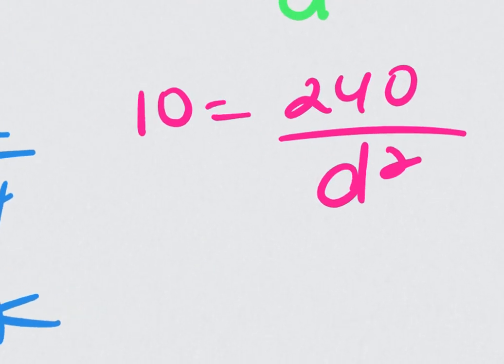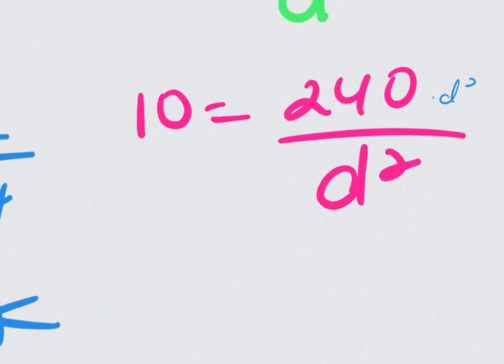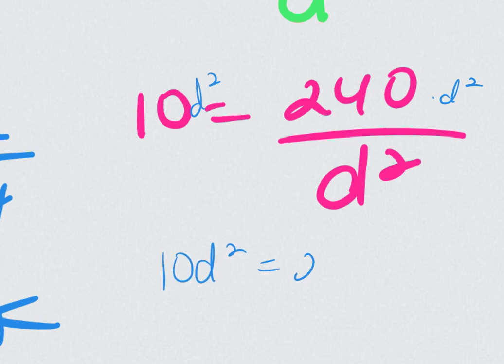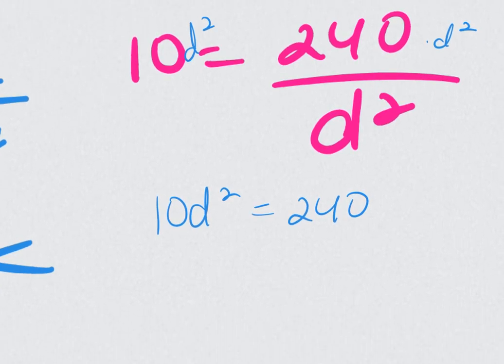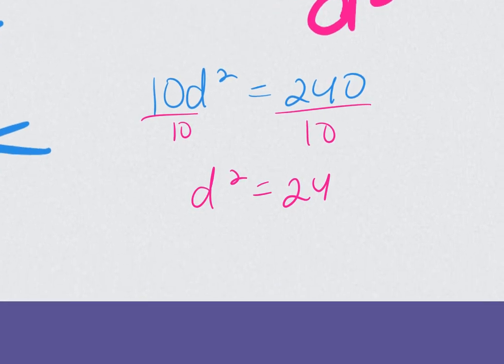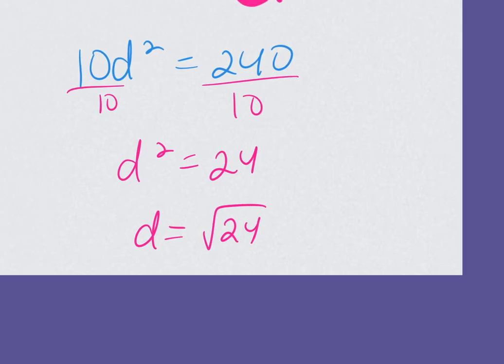So now F is 10, 240 was my k, and d squared is my unknown. You can cross multiply, do whatever you want to solve here, but this would be 10 times d squared equals 240. Divide both sides by 10. D squared equals 24. And the distance is the square root of 24. If I don't have my calculator, I'm keeping it exact.